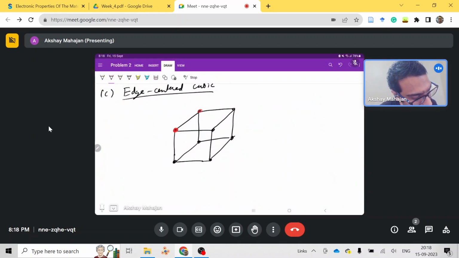So these are my corner points. Okay, this is my simple cubic. Alright, now for the edge center, my new points are on the center of each edge.